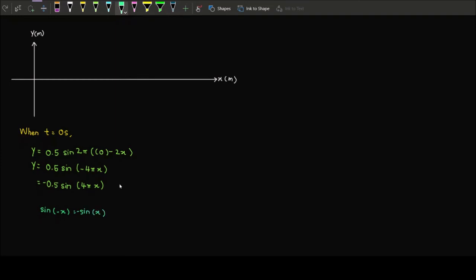It's one of the trigonometric identities that you learn in maths probably. This is only for sine. If it's cos of negative x, it's just equal to cos x. You just drop the negative sign if it's a cosine. But if it's a sine, you bring out the negative sign. This is what you learn in maths. It's called trigo identities or something like that.